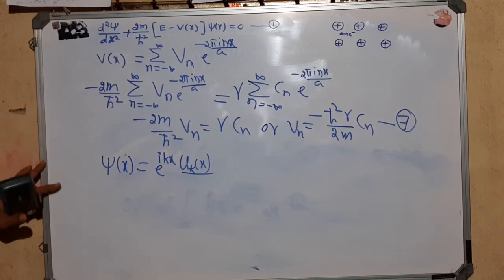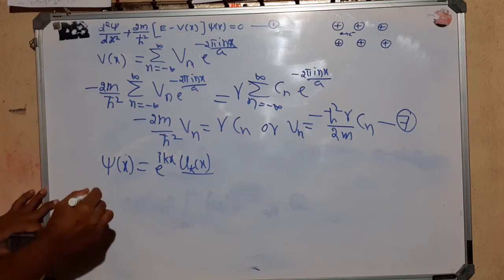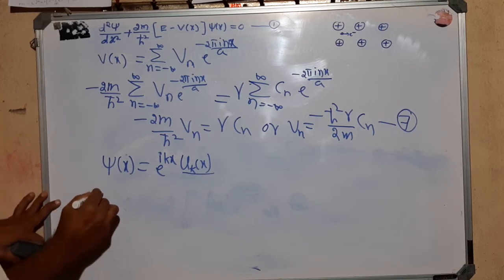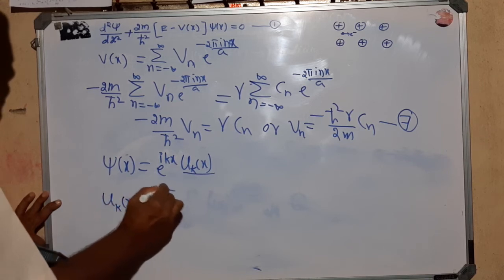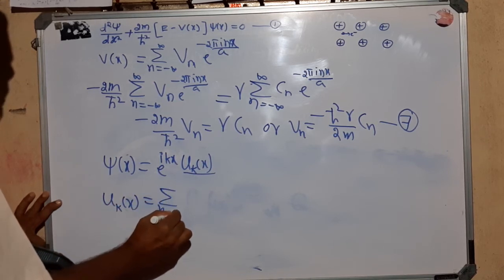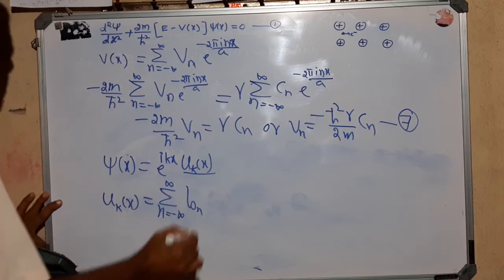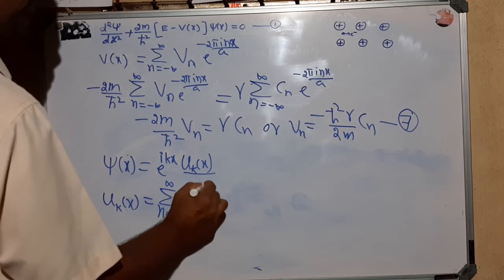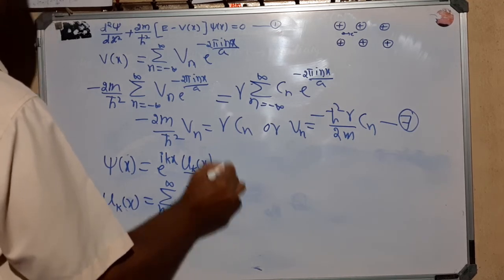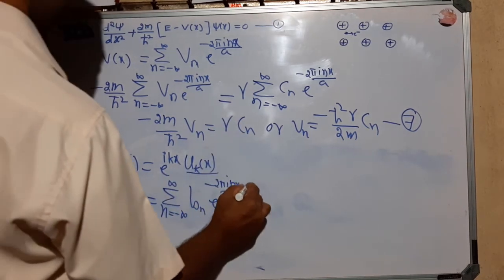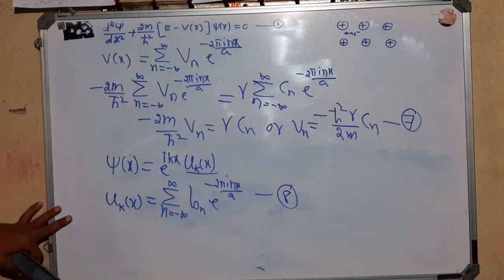So again, let us represent this in terms of a Fourier series. Therefore, uk of x is equal to sigma n equals minus infinity to plus infinity of the Fourier constant bn into e to the power minus 2 pi inx by a. This is equation number 8.